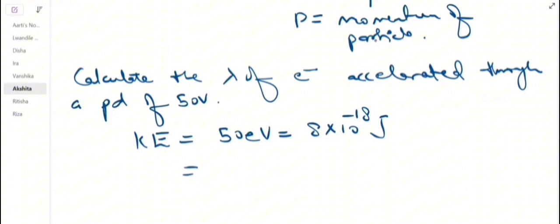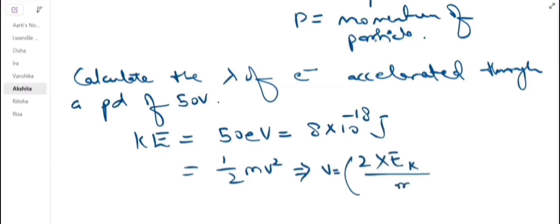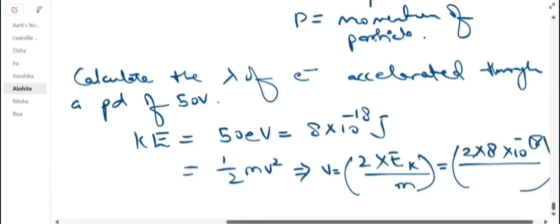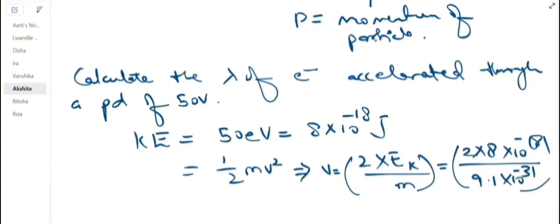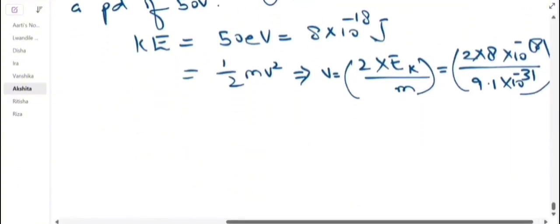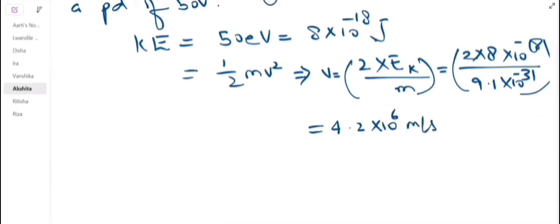Now it is also given by the formula half mv square. So that will say that v equals the square root of 2 into Ek over m. When I put all the values over here, that is 2 into 8 into 10 to the power of minus 18 over the mass of an electron, 9.1 into 10 raised to minus 31, I will get the answer 4.2 into 10 raised to 6 meter per second.